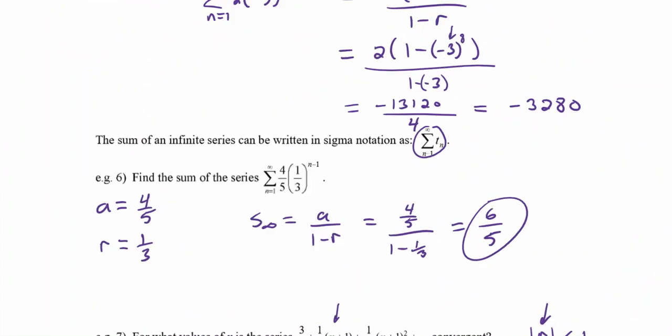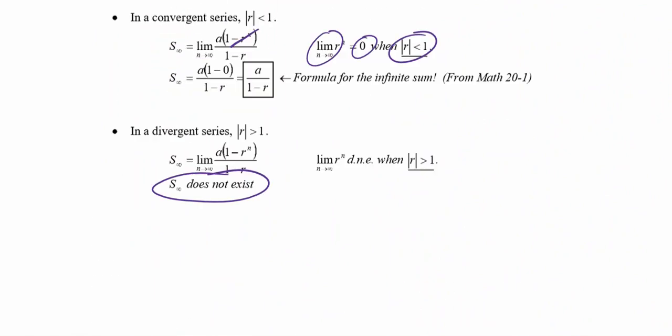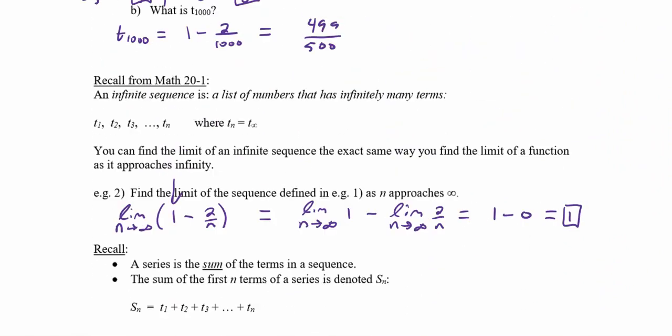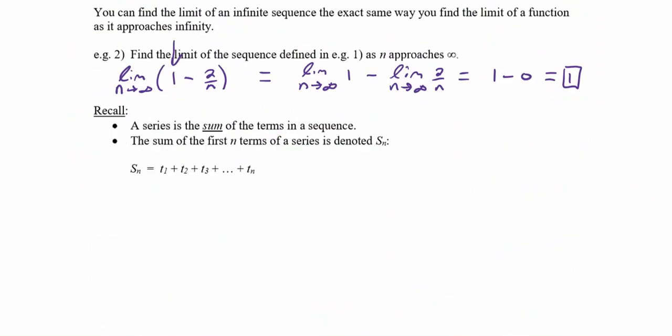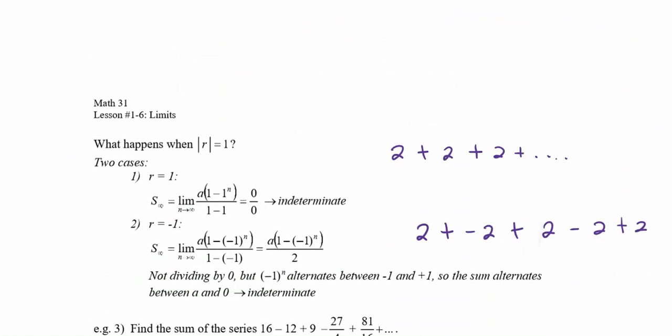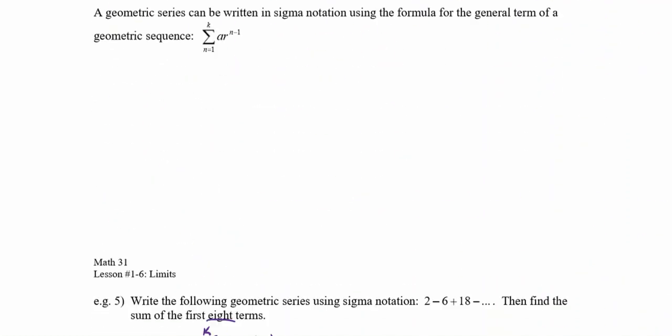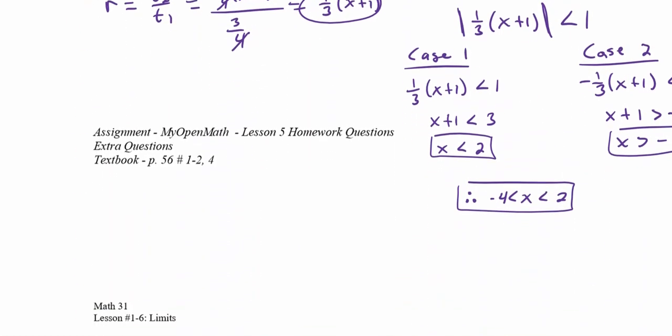Right, that was that example way back here, when it's equal to 1, right? Do you remember how those were also diverging? So it can't be 1 or -1 either, so it has to be strictly greater than or less than.